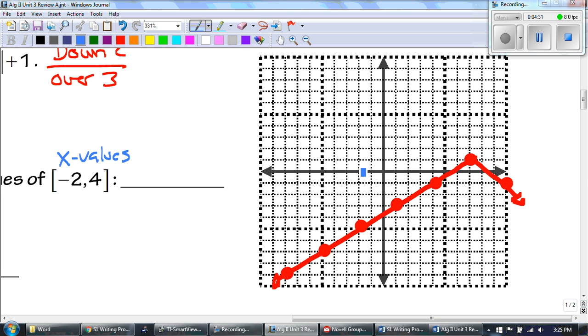When x is negative 2, which is right here, and 4, which is right here, what happens? Well, I have to go up 1, 2, 3, 4. We go up 4, and over 1, 2, 3, 4, 5, 6, so over 6. So 4 over 6, I always want to reduce. And when we reduce, we get 2/3.